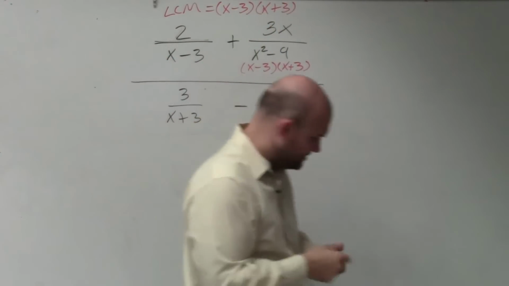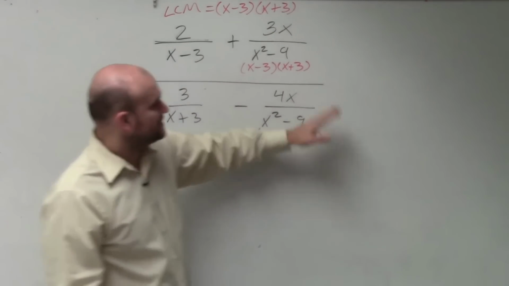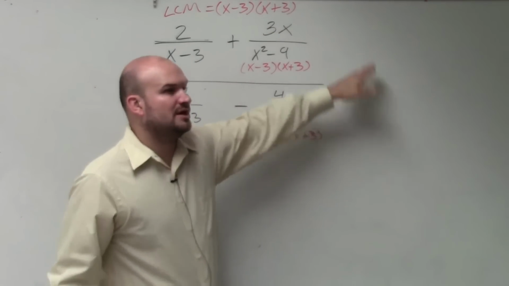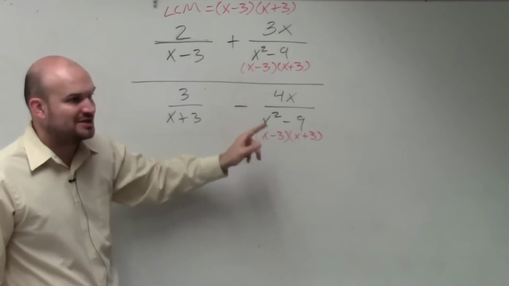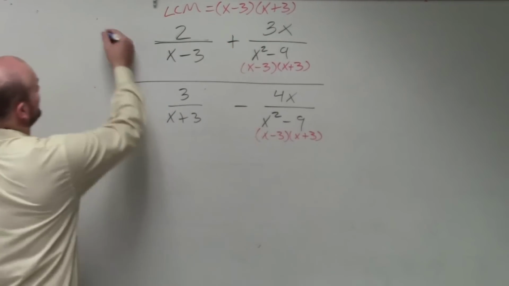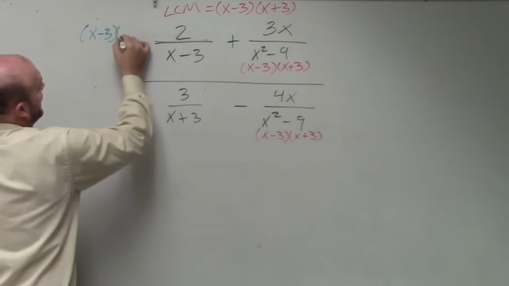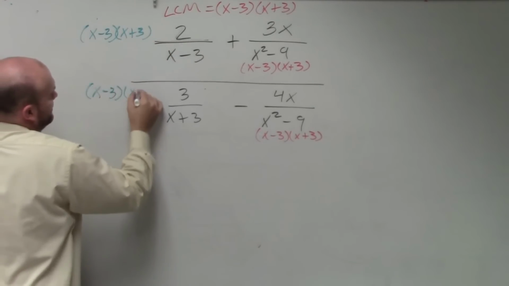Now, all I'm simply going to do is multiply my LCM with the numerator and the denominator. But when you do that, since they're separated by addition or subtraction, you have to apply the distributive property, correct? So in reality, you are going to multiply everything by your LCM.